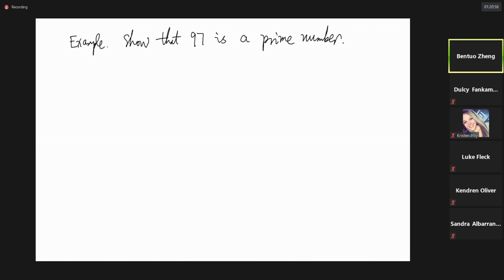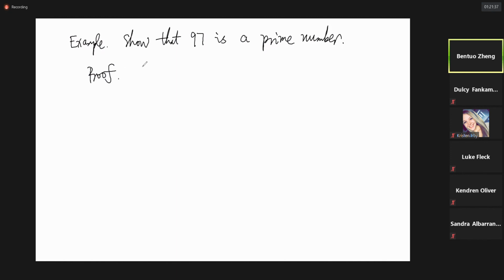If we don't have the theorem in hand, you have to check from 2, 3, 5, 7, you check all the prime numbers which are less than 97 to see whether they divide 97 or not. So you can see there is a long list, starting from 2 up to 96. There are many prime numbers, so you have to check a lot of divisions. But so that's not effective. Now, using the theorem we just proved, we have a simple way to prove it.